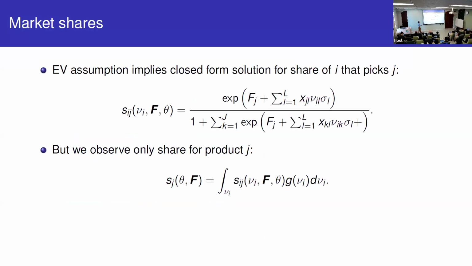Okay, so here I can think about the market share to individual i or type i, which depends on their nu, from product j, which is that kind of familiar logit. We get this beautiful closed form solution from the logit that I'm exploiting here, where now the share that i assigns to j is going to be a function of the exponent of their utility, which is this f_j plus the x's, and now I've integrated out the epsilon.